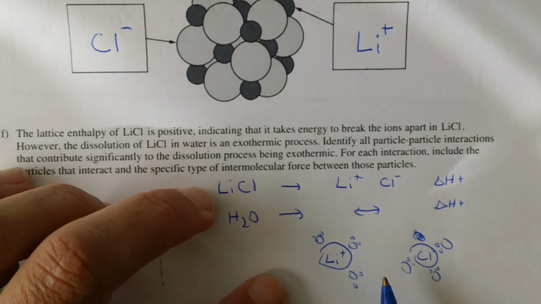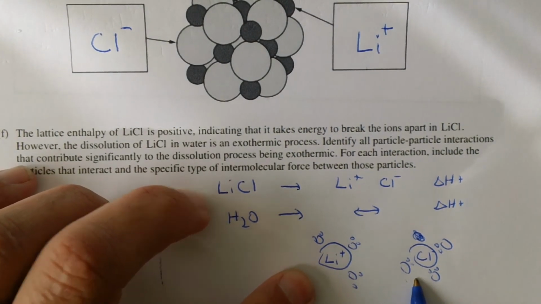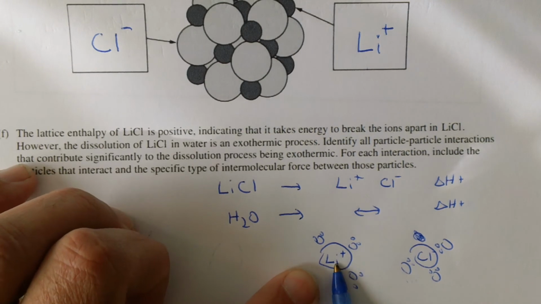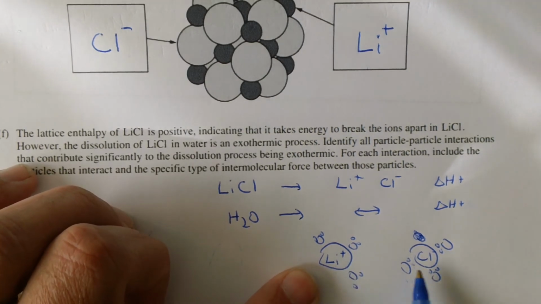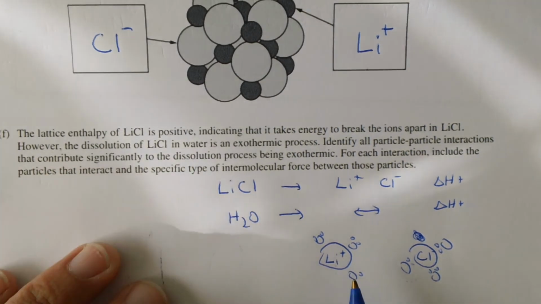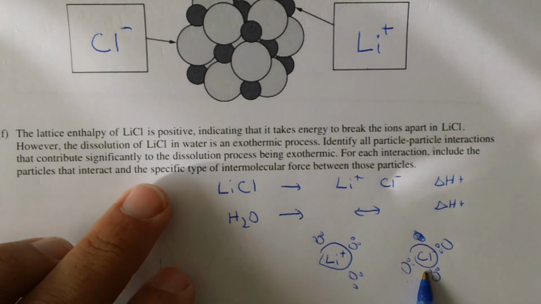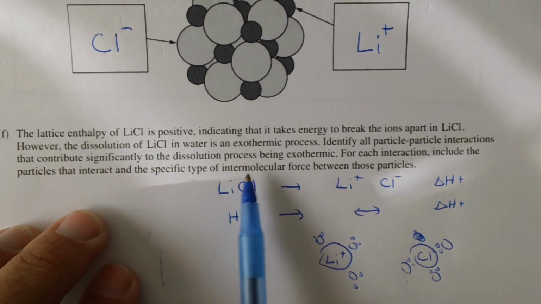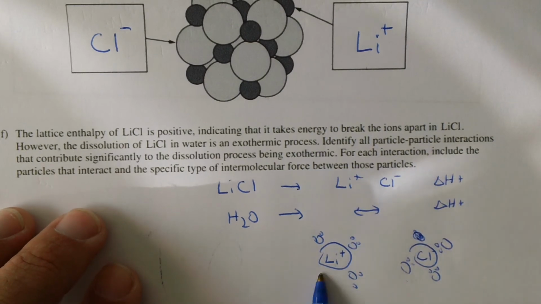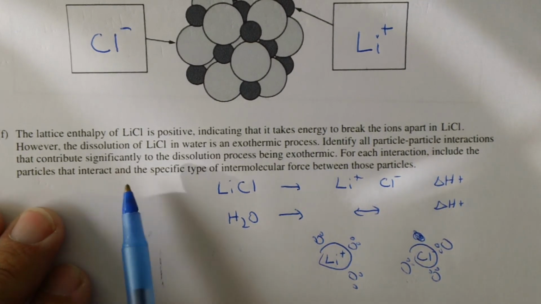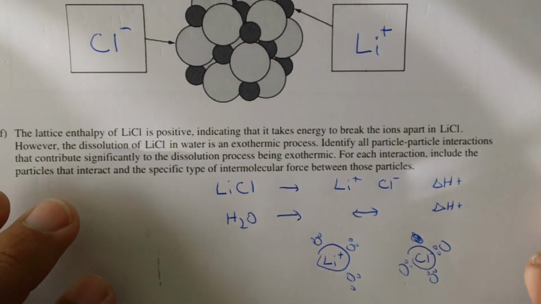So they're surrounding them. These two are both exothermic, where the negative oxygen is attracted to the positive lithium and the positive hydrogens on the water are attracted to the negative chloride. And so those are the two forces that we are talking about here that are exothermic. So for each of those interactions, include the particles that interact and the specific type of intermolecular force.